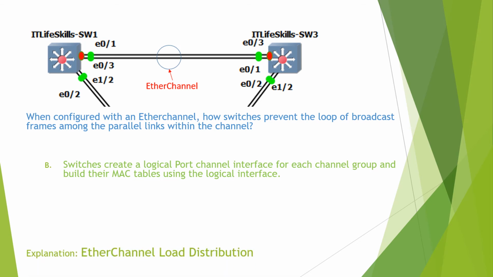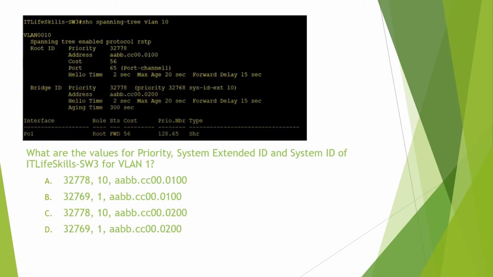EtherChannel load distribution. The question reads, what are the values for priority, system extended ID and system ID of IT Life Skill Switch 3 for VLAN 1? The easiest way to answer this question is that it is for VLAN 1, so the system extended ID must be 1.